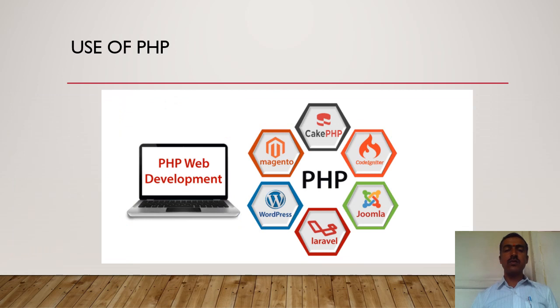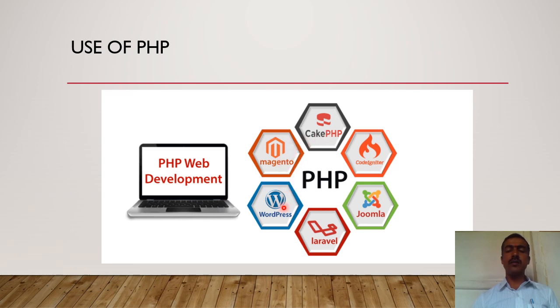Now we have to see what you can do when you learn PHP, what careers you can choose, and what applications you can develop your coding skills with. If you want to become a PHP developer, you can learn PHP and work on these technologies. These are content management system technologies totally dependent on PHP, the server scripting language.